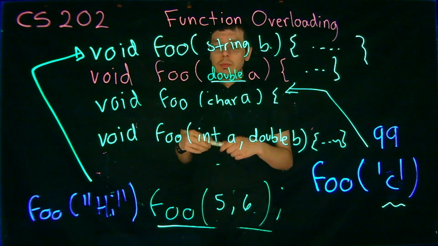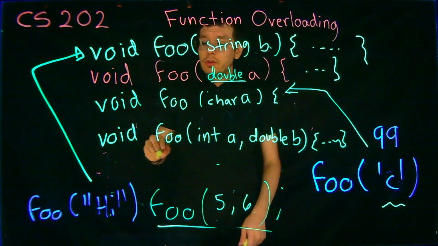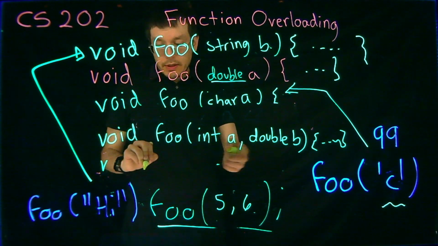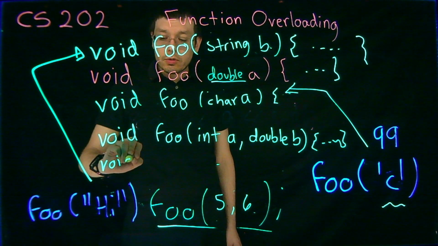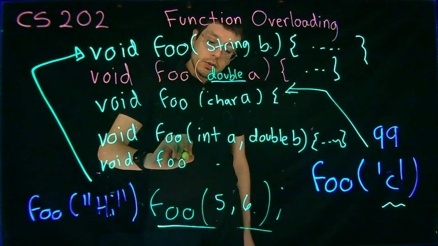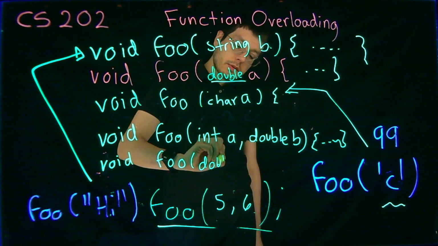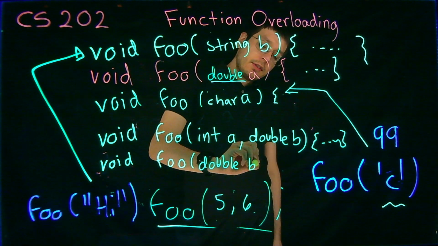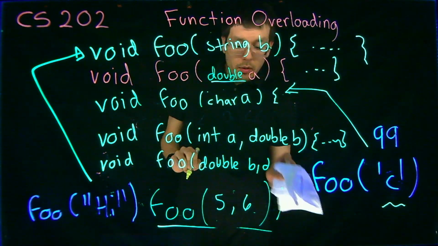And this is cool. This is also not ambiguous, but the reason I give you this example, other than being able to see that you can do a different number of parameters, is suppose that now I write another one. And here's the issue with the overloading.